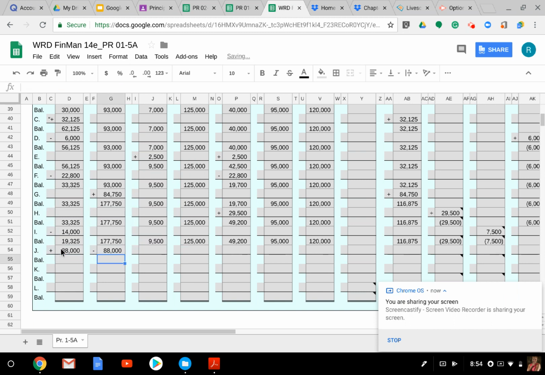So where they owed us $177,750 before, now they paid on their bill $88,000, so they only owe us half, or just about half, $89,750. Okay. We have increased our cash $88,000, so now we have $107,325 in cash.